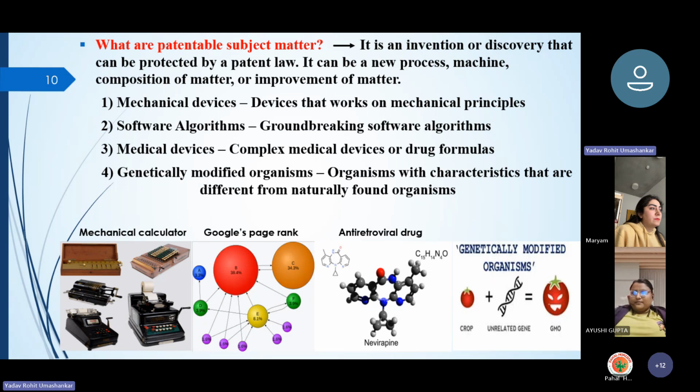Discovery generally doesn't come under patent. If you discover a new organism that is already present in the environment, you just find out that it is present, so that discovery will not come under patent. But if you do some modification with that organism to get some biological benefit, or some gene modification which is helpful in some other way, you are getting my point, doing some molecular biology on it, then it can be patentable.